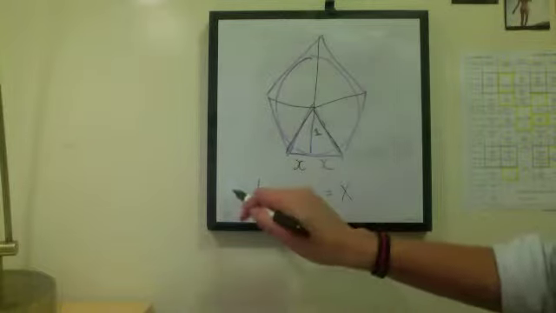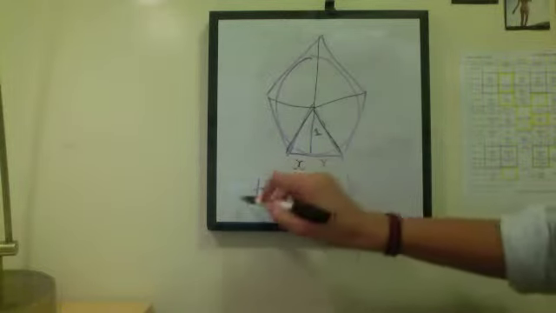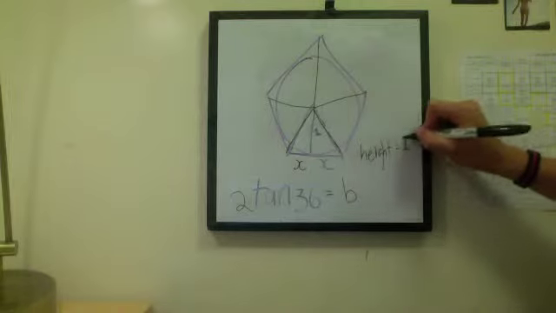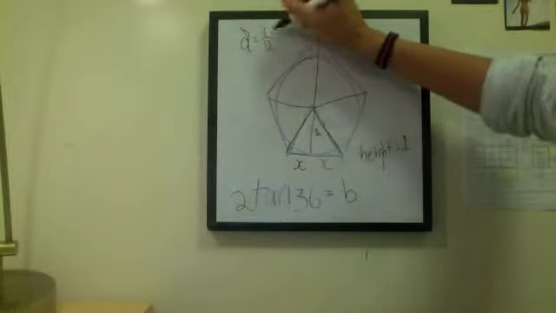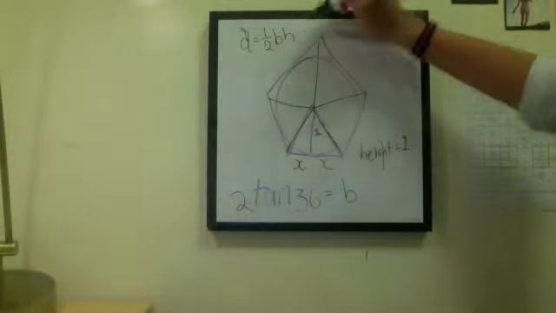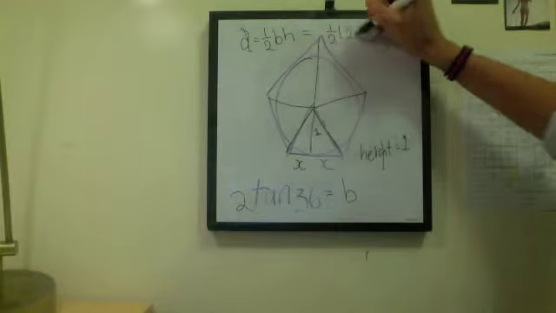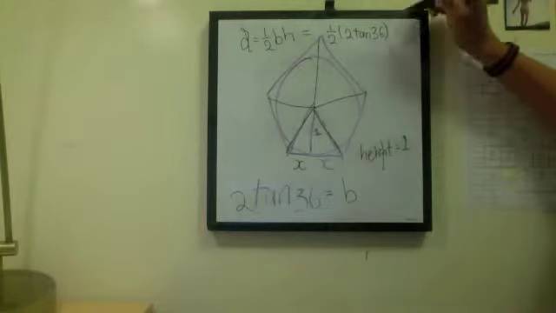Now since x is only 1/2 of the base, we need to multiply x by 2, the height being the radius, 1. And so the equation is 1/2 base times height, which would then equal 1/2 times 2 tan 36 times 1.